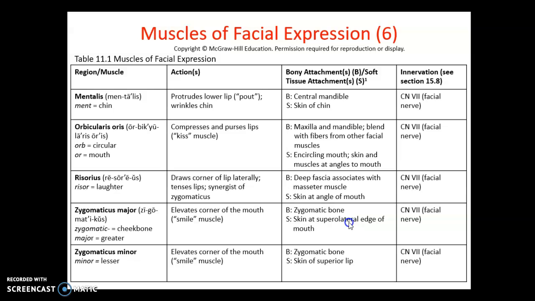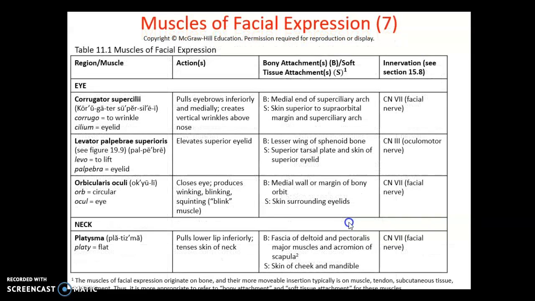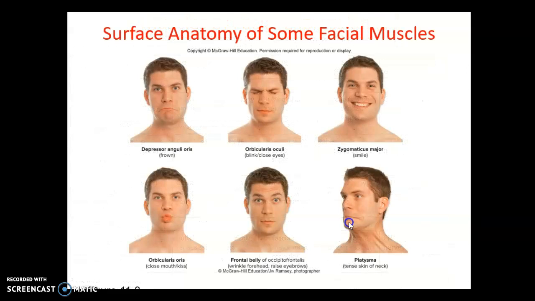So the actions, you should know all the actions too. I'm not going to expect you to know the tissue attachments or bony attachments, but you should know the origin and insertion, right? And innervation, no, because we haven't done the nervous system yet. It's page 7. Okay, so I'm going to end this video and start the next one from here.